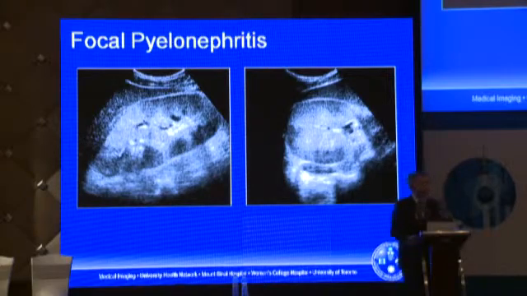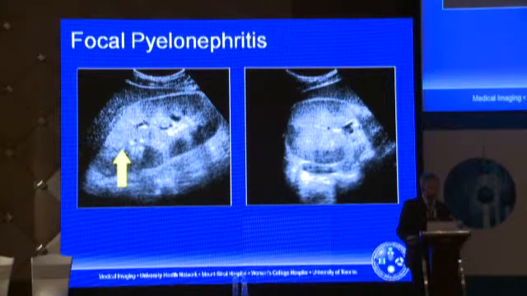Now, we frequently get asked to rule out pyelonephritis with ultrasound, and I think what we're ruling out is an obstructed, infected kidney, because I have very little confidence in ultrasound actually seeing a focal pyelonephritis. But occasionally, if we're aware of it, we may pick up some clues.